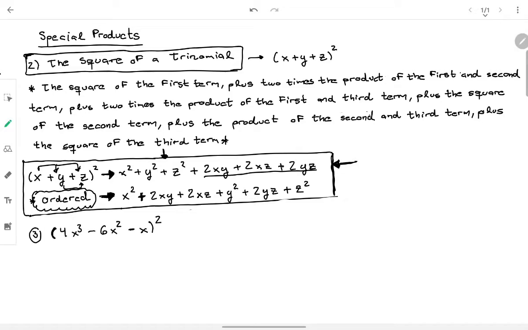So the third example is something like this. We have 2 of them that are negative ones, but don't worry, we will use the same rule respecting the signs.